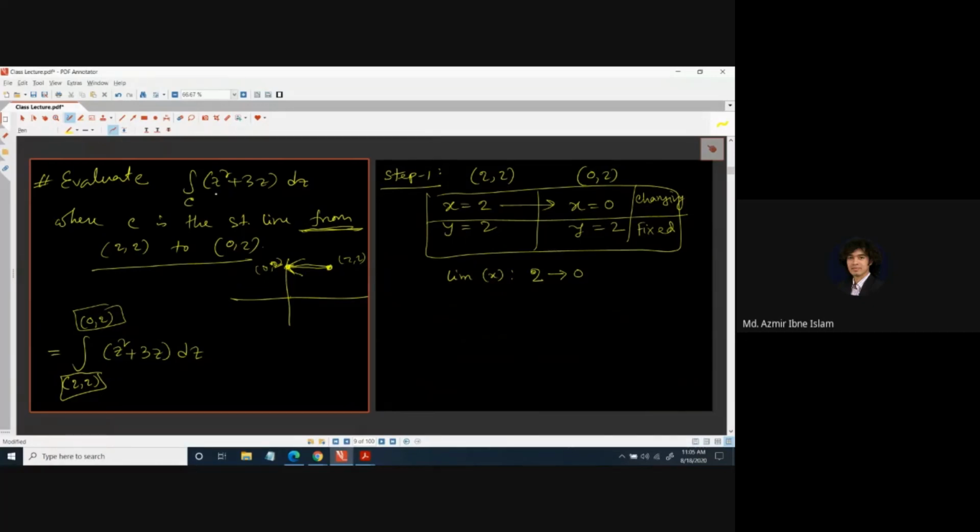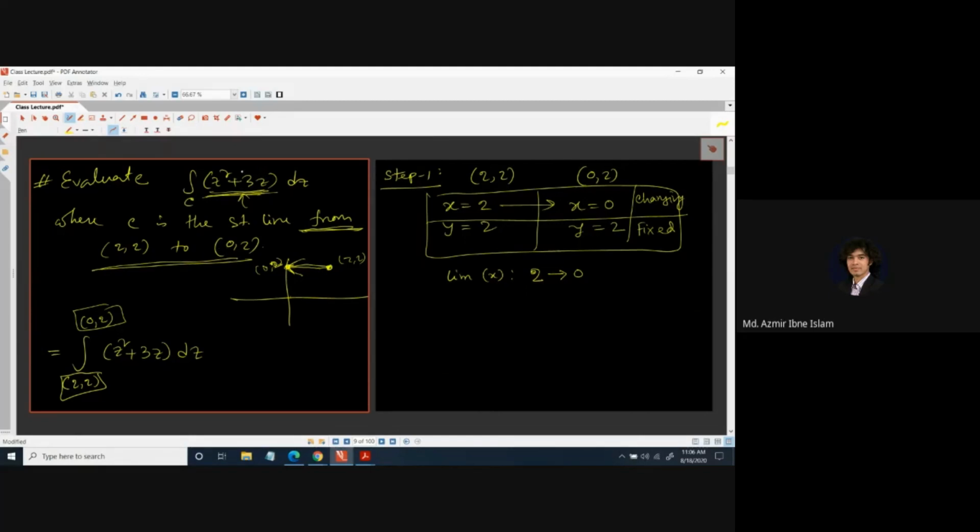You know that we can't actually draw a complex function, that is z squared plus 3z, because for drawing the graph of a complex valued function we actually need 4 dimensions, but in real life we don't have 4 dimensions. So that's why the concept of mapping comes in, and you have learned the concept of mapping in your week 3 or week 4 contents. So we are not focusing on the graph of z squared plus 3z, but on the path that we have from 2 to 0 2.